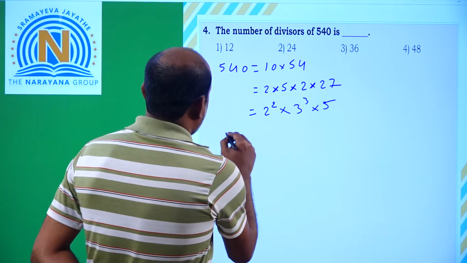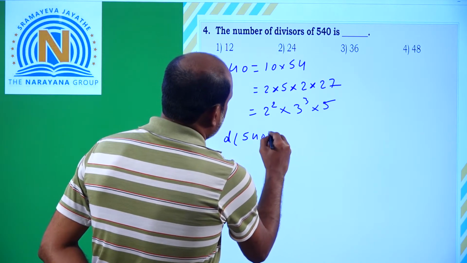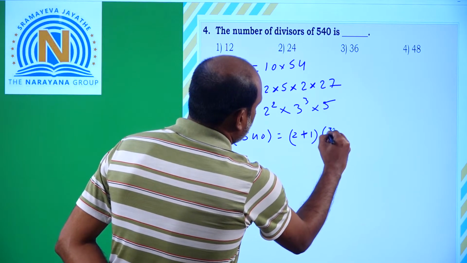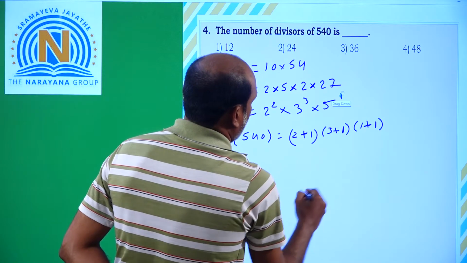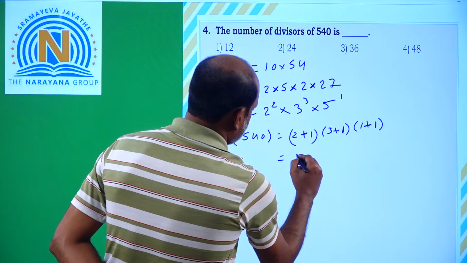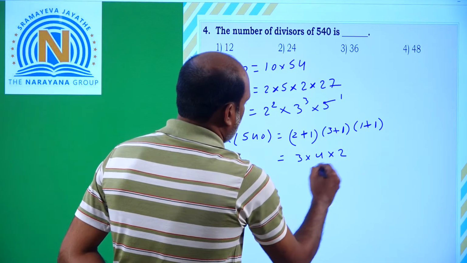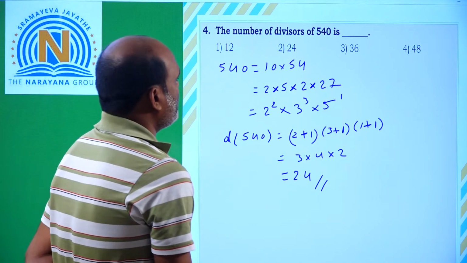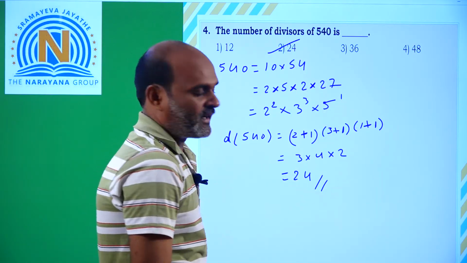So the number of factors of 540 is (2 plus 1) into (3 plus 1) into (1 plus 1), since it is 5 power 1, that is 3 into 4 into 2, which is 24. Therefore, the number of divisors of 540 is 24. Option 2 is the correct answer.